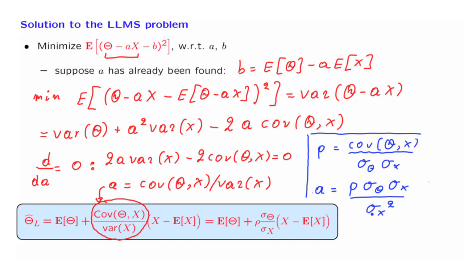Let us now move on to the choice of a. Since we know what b should be equal to, we can rewrite this expression that we're trying to minimize by substituting our choice of b, which is the expected value of theta minus aX.